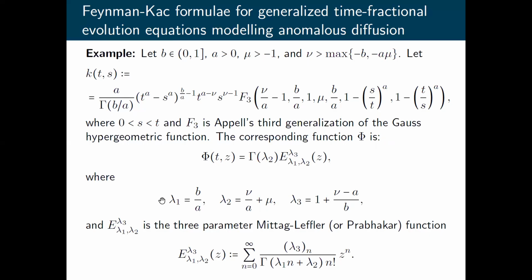And for a particular choice of our parameters, a, b, mu, and nu, one can restore also the 2-parameter Mittag-Leffler function and the 1-parameter Mittag-Leffler function, and then the corresponding kernels reduce to power kernels, in particular the kernel which pops up in the governing equation for generalized gray Brownian motion.